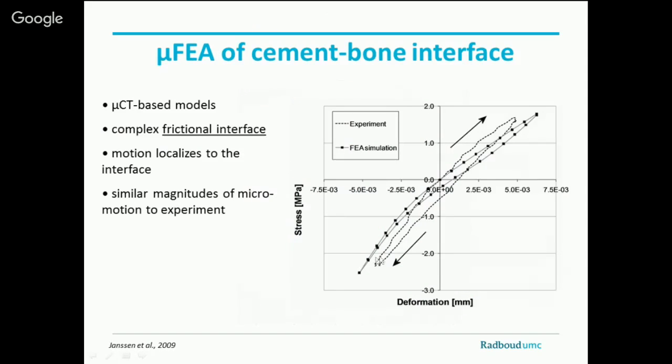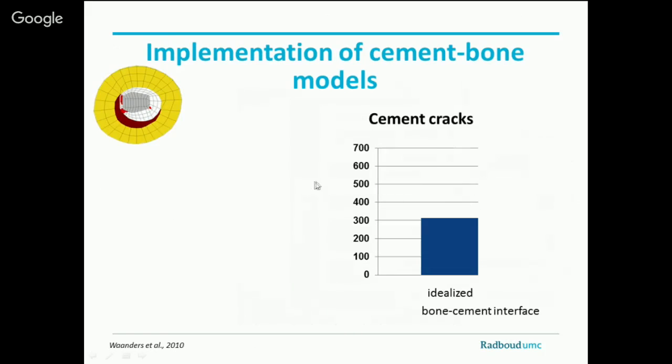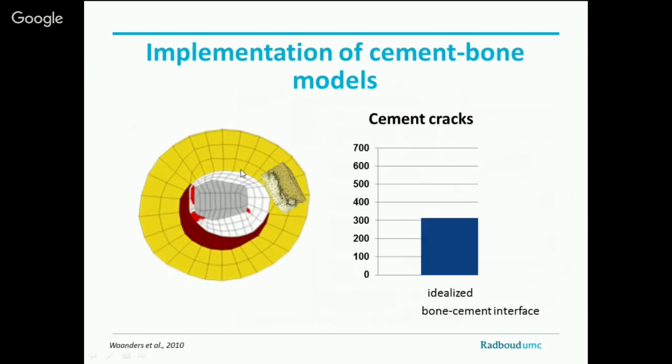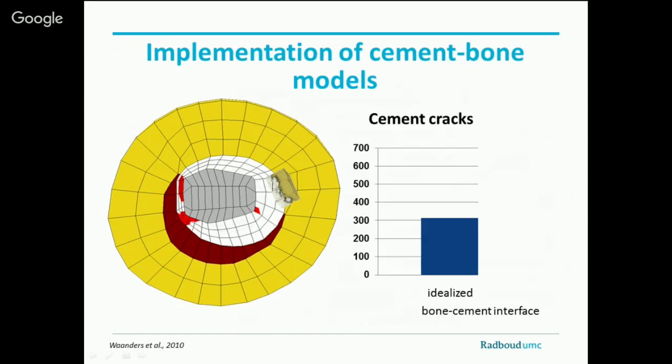And we could model the stiffness property. So this is stress and this is strain. In the experiment and in the finite element simulations, we were able with our micro models to simulate it quite nicely. So if we then implemented the interface instead of this straight line, but more, let's say, a softer interface, things will change.